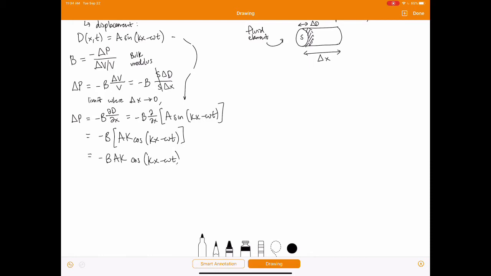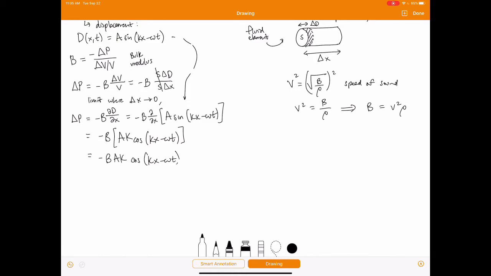Okay, so I'm going to make a bunch of different substitutions now. The first one is this: v is equal to the square root of B divided by rho. That's the speed of sound. So if I square both sides, then I'll have v squared equals B divided by rho, or I could say B is equal to v squared times rho.